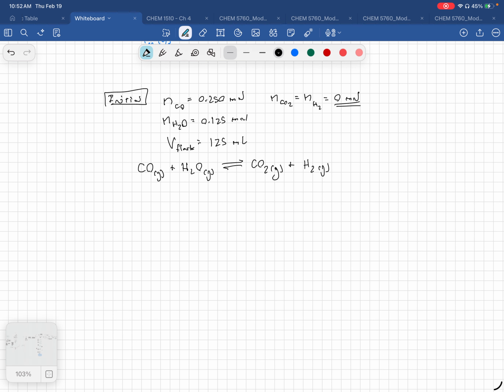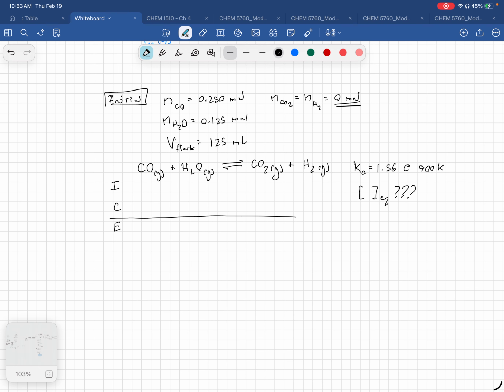Okay, so we're going to build our ICE table here, and what we want to know for this is, we're given Kc, which is 1.56 at a temperature of 900 Kelvin, and we want to know what are the equilibrium concentrations.